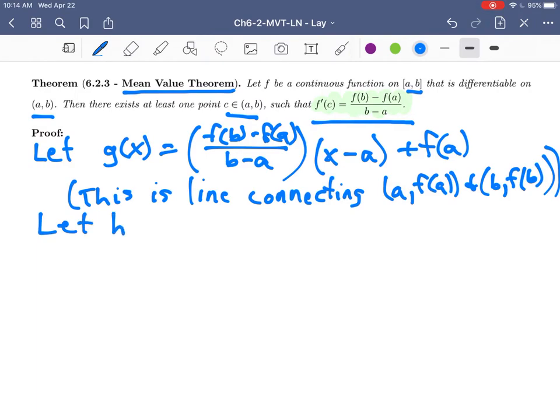Let h of x be equal to f of x minus g of x.